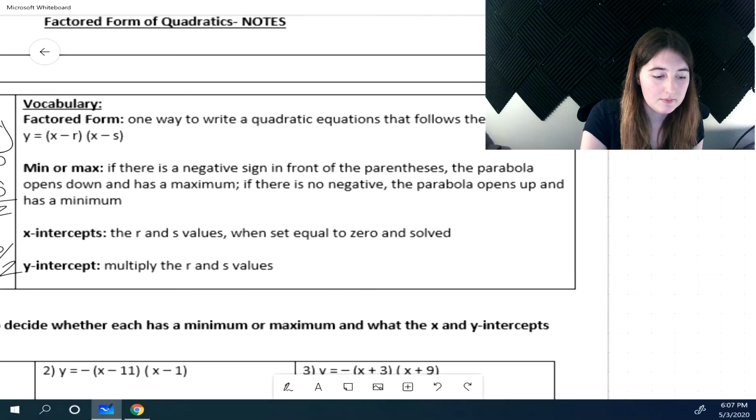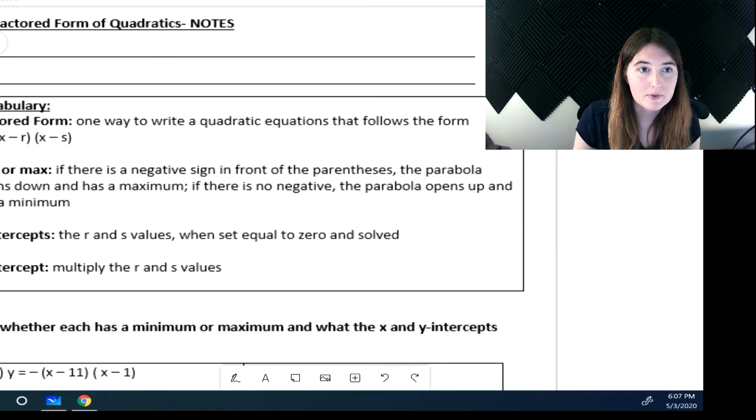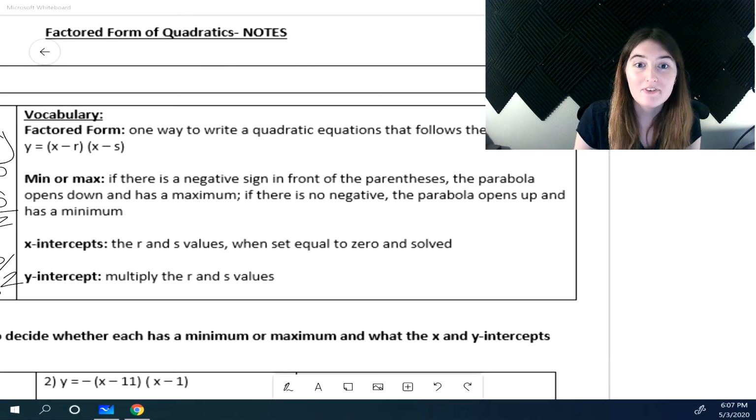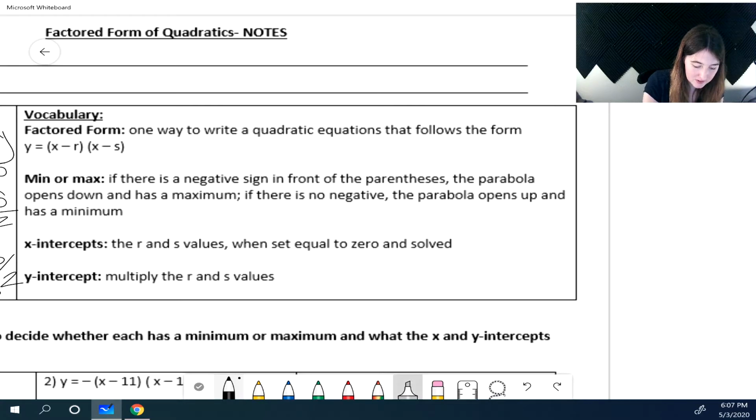We're going to keep zooming over. All right, so factored form. Factored form is one way to write a quadratic equation. Quadratic means squared, so it means we're going to have a variable squared. This is what it looks like: y equals x minus r times x minus s.